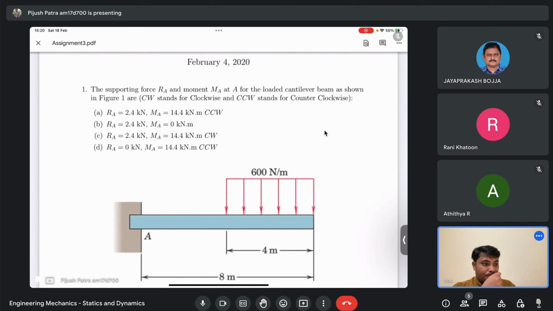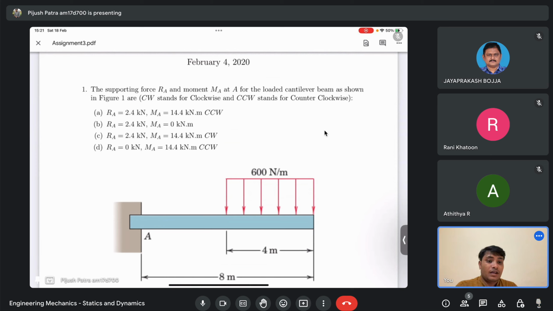Okay, so it's a very simple problem. You have to just do the force balance. Summation Fx equals to 0, summation Fy is equals to 0, and the summation M is equals to 0 about any point. That's the three equations you need to satisfy after drawing the free body diagram.